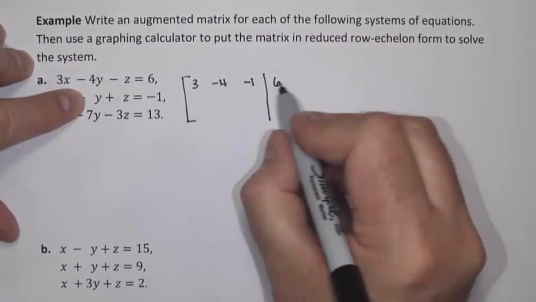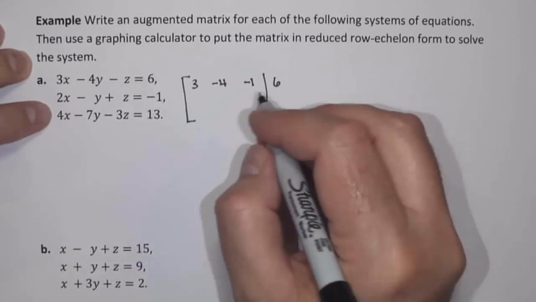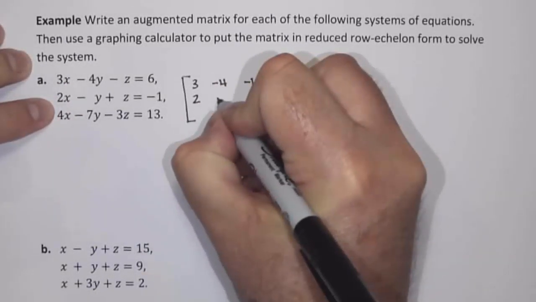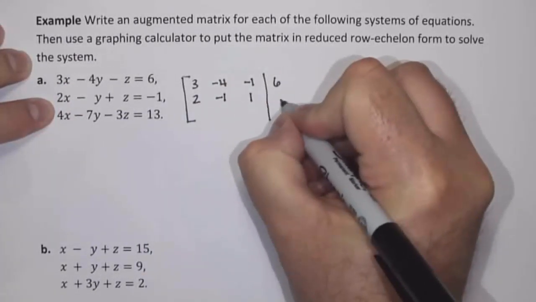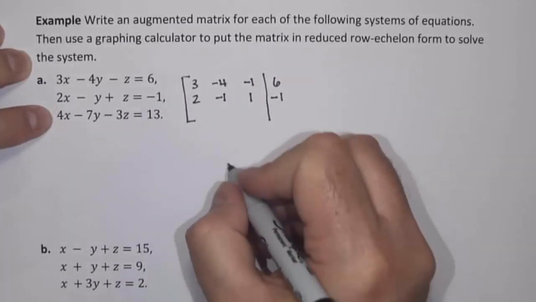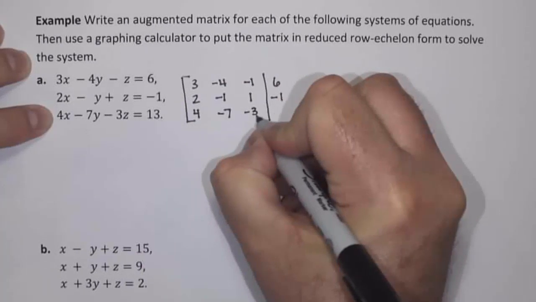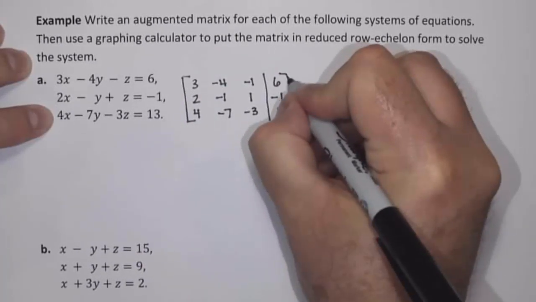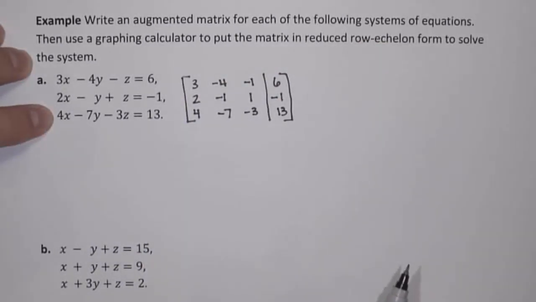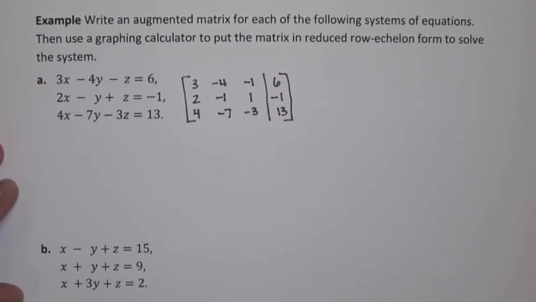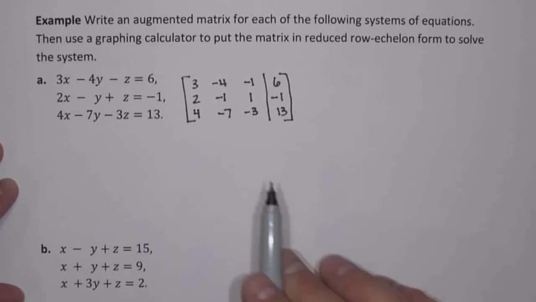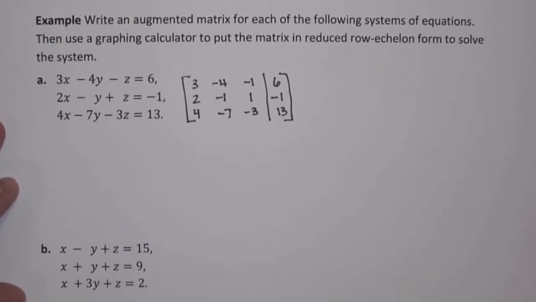That row of the matrix represents the first equation. 2x minus 1y plus 1z equals negative 1. 4x minus 7y minus 3z equals 13. So here is our row echelon form for the matrix. Now I'm going to use my calculator to put this in reduced row echelon form.